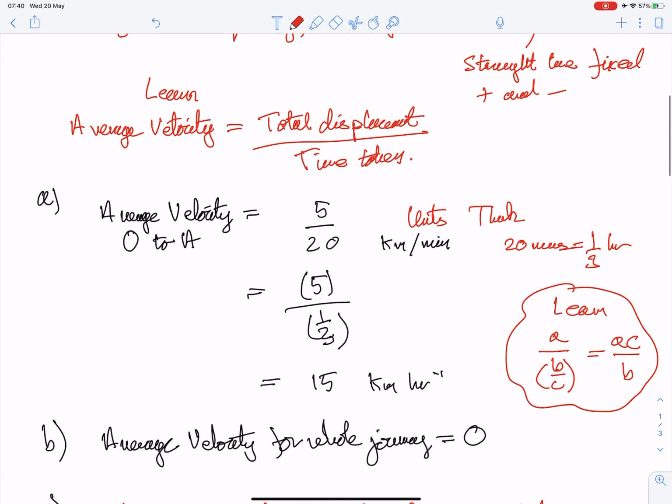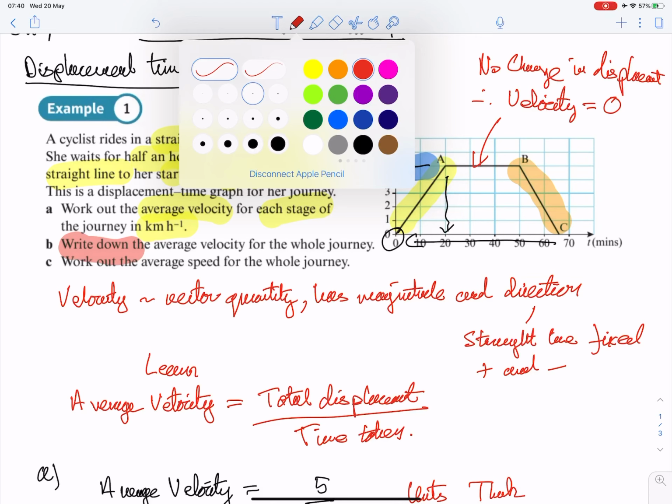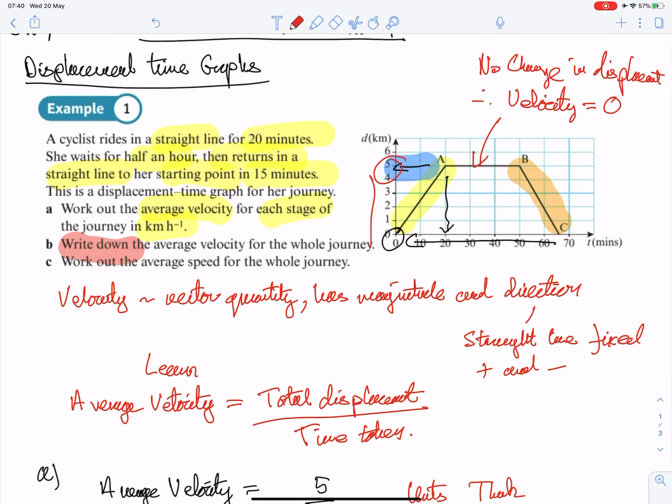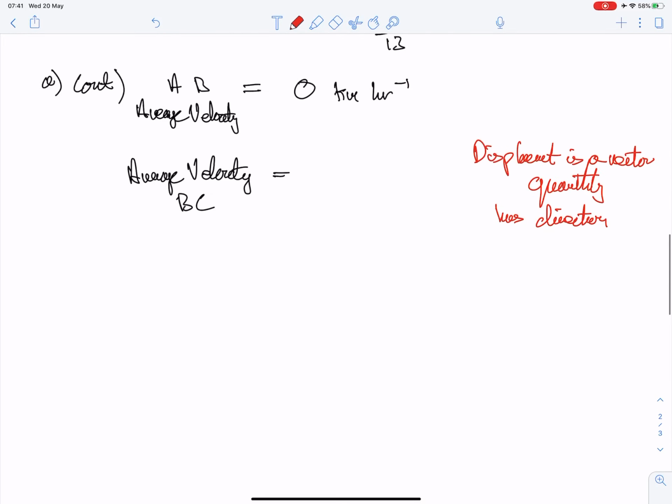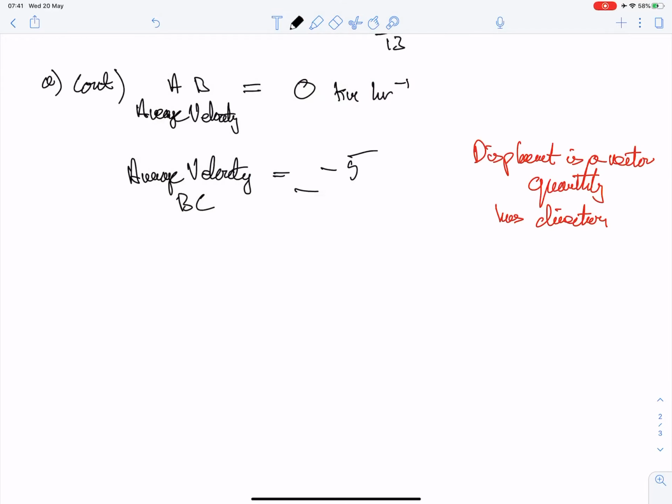So we were going from 5 kilometres away back to the start. So from 5 kilometres away back to where we started, the direction of that displacement is -5. So average velocity will be -5 over the time taken, which was 15 minutes, a quarter of an hour. So we get -20 kilometres per hour.